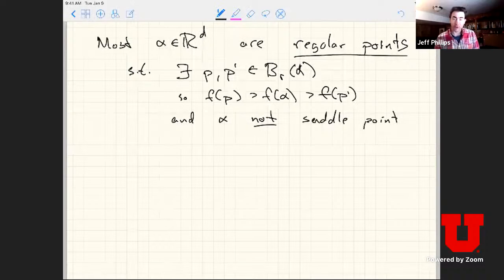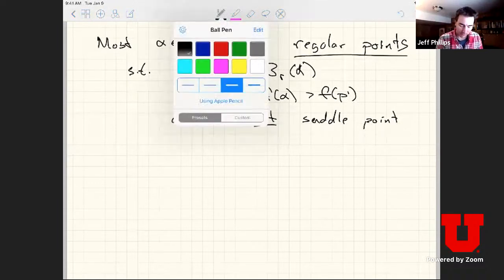Okay, so the other real reason I need to define saddle point is because I want to define what a regular point is, and we're usually going to assume we're at a regular point, and it's easier to say, well, it satisfies this property where there are some points above, some points below, but it's not one of these saddle points.